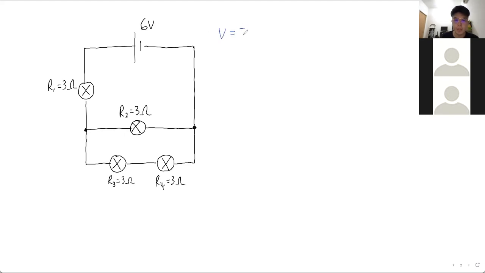V equals IR. Current total is voltage total over effective resistance. So first we find our effective resistance. Which one do we combine first? We start from the back of the circuit. The battery is the front, so we go from the back here.